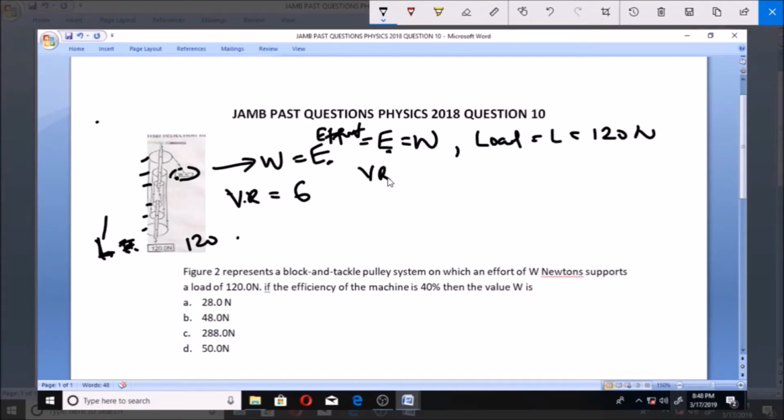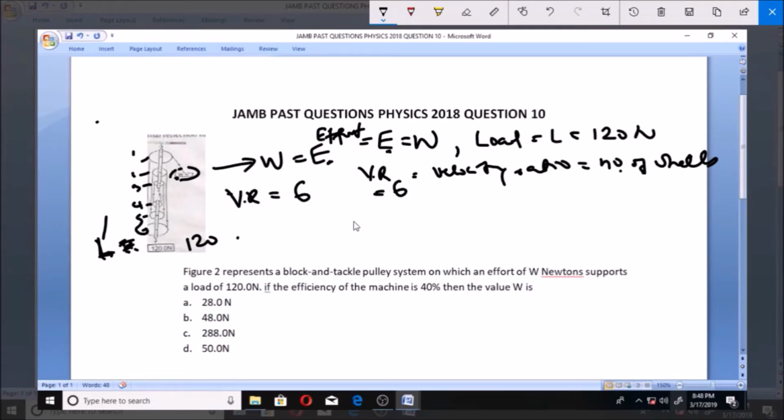Another thing given is VR, which we call the velocity ratio. I want to give the formula before I start solving. How do you get this? By the number of wheels. I just counted the wheels: 1, 2, 3, 4, 5, 6. So VR is equal to 6.